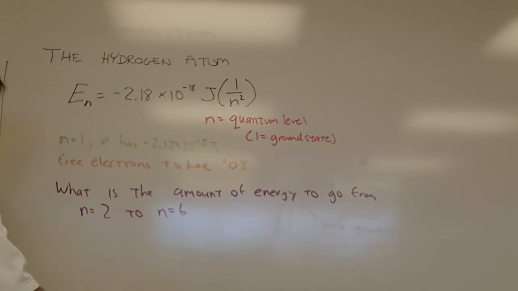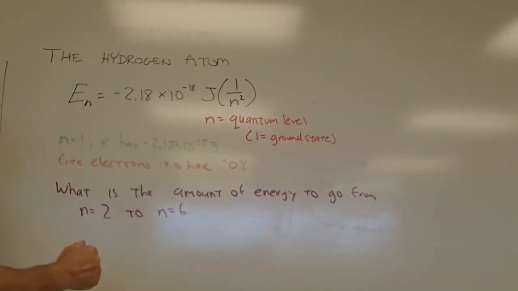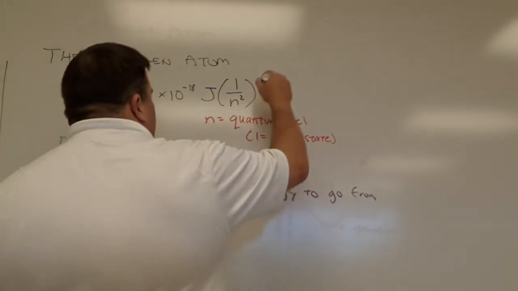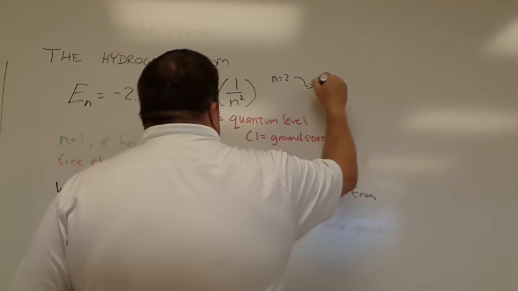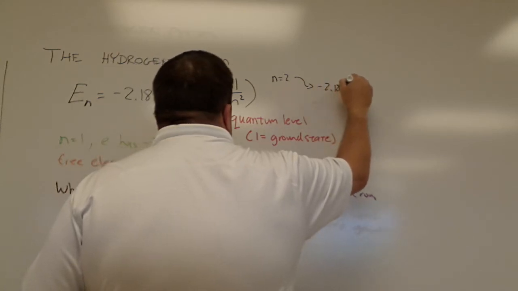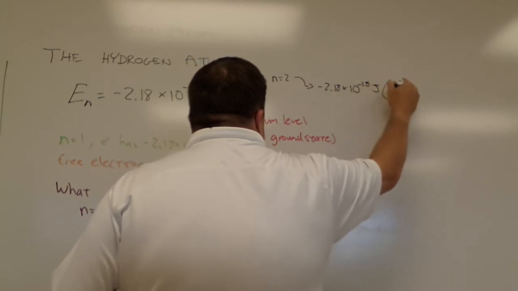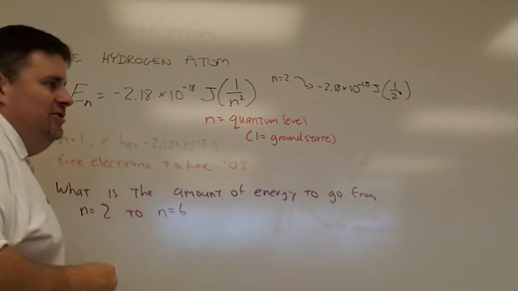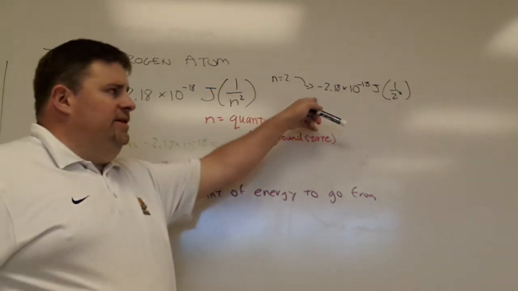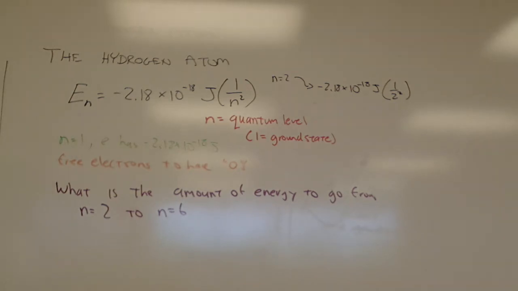Level 2, we have n is equal to 2. So for n is equal to 2, we have minus 2.18 times 10 to the minus 18th joules times 1 over 2 squared, or in this case 4. So you divide this term by 4, and we're going to get an energy value that's associated with it.